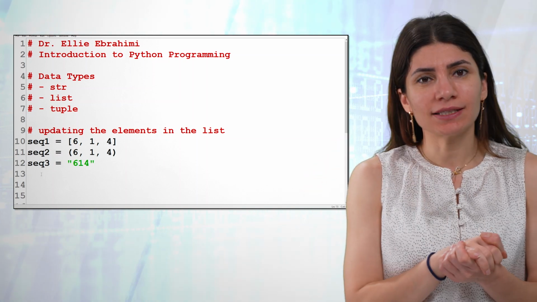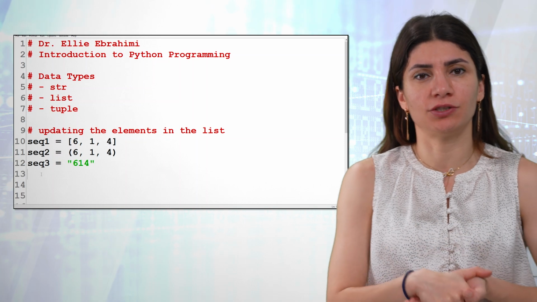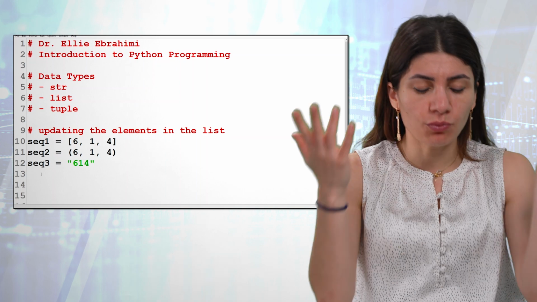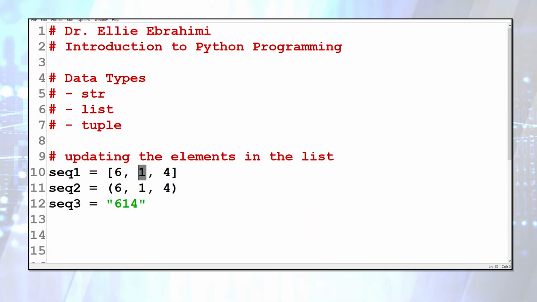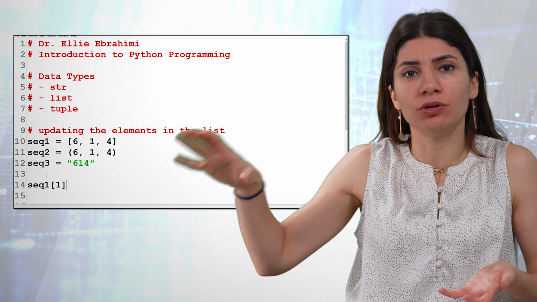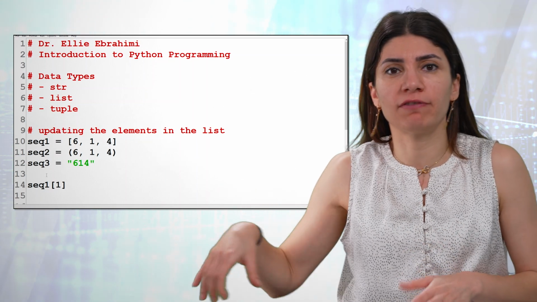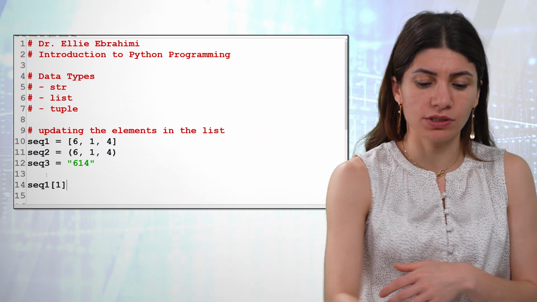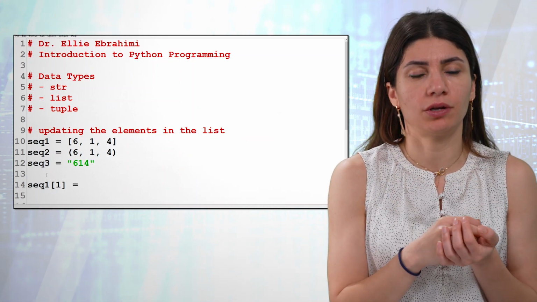To change or update something, first of all, we need to know what we want to change. If you want, for instance, to change this value 1 to something else, you need to first access that element. So in sequence 1, at index number 1, I have a value. Similar to updating or reassigning a value when we had other variables, you use the assignment operator to do that.